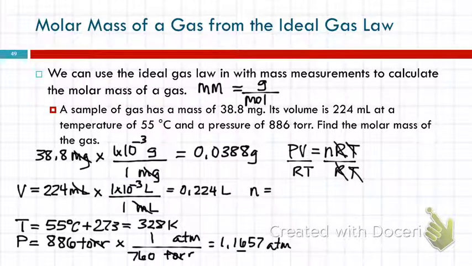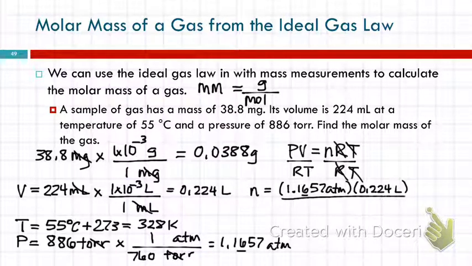So n is equal to the pressure, 1.1657 atmospheres, times the volume, 0.224 liters, the whole quantity divided by R, 0.0821 liters times atmospheres, divided by moles times Kelvin.